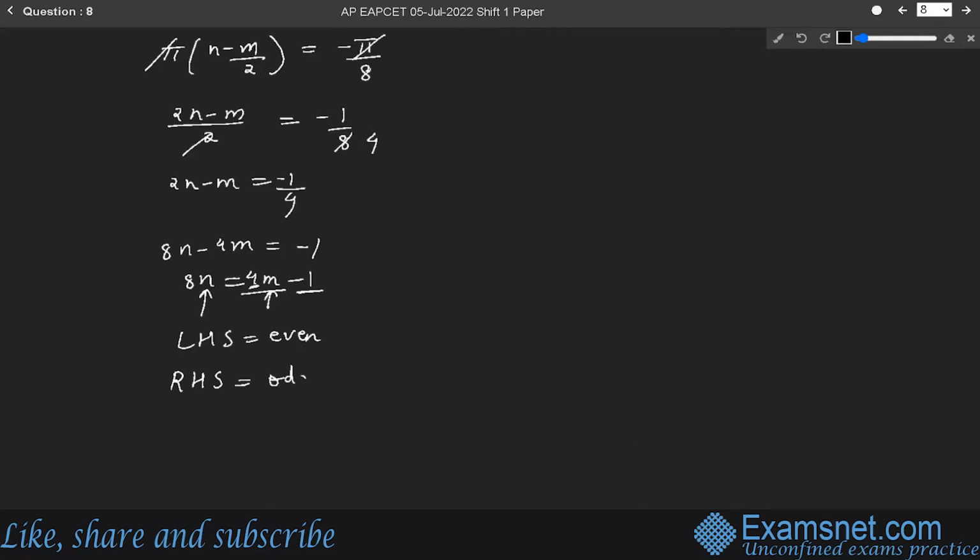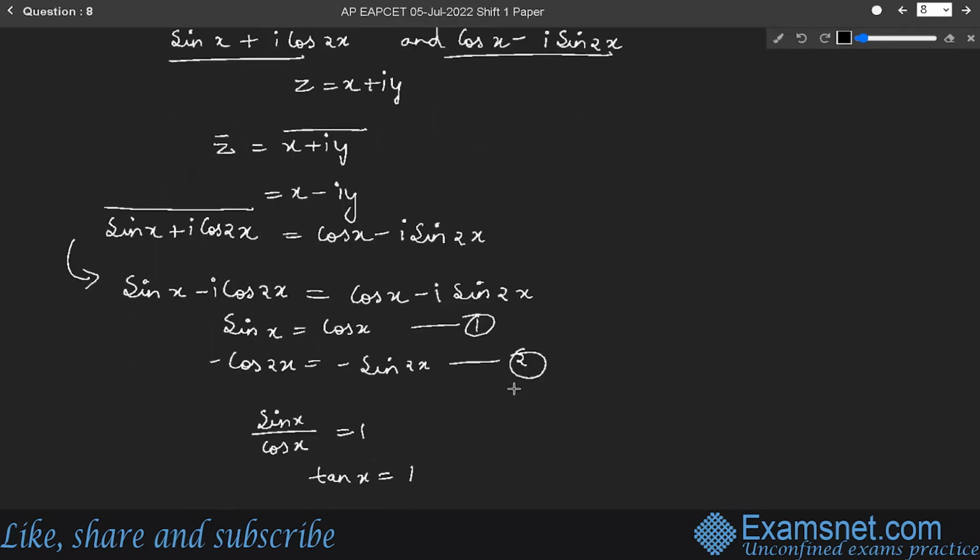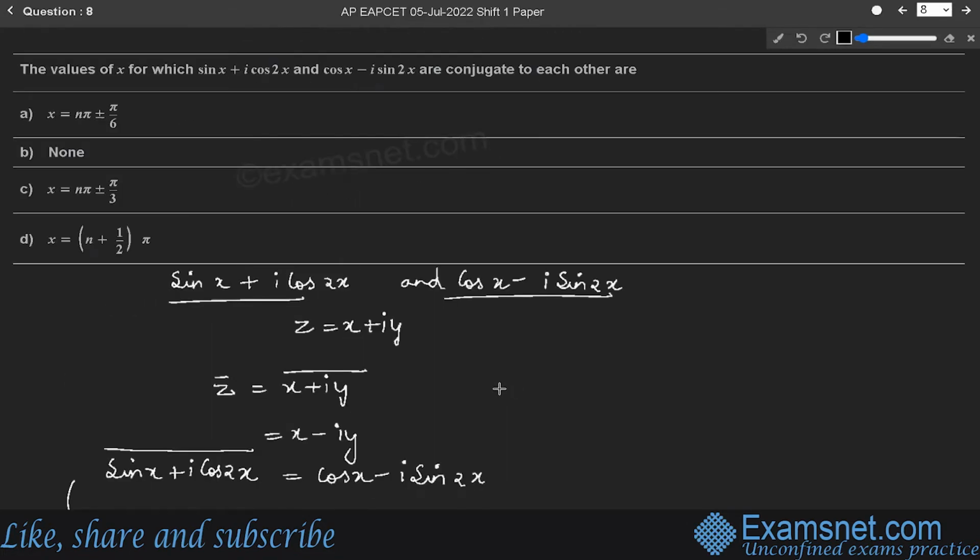So RHS will be odd. Here we can clearly say that LHS is not equal to RHS. As I told you, both these values should be equal, but they are not. It means that no such value exists for this question. Therefore, out of all the options, the correct option is option B, which is none. There is no value of x which satisfies both the given parts.